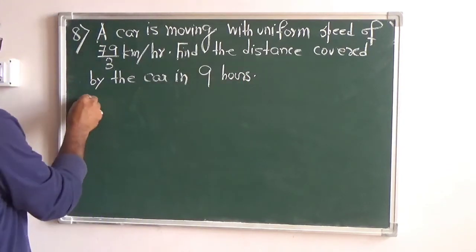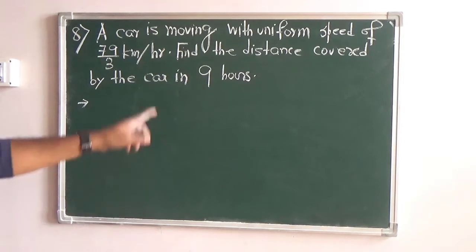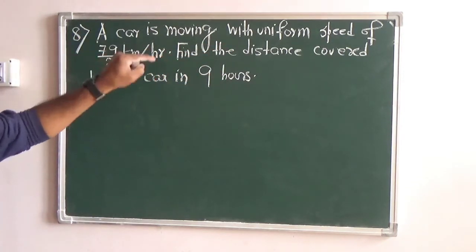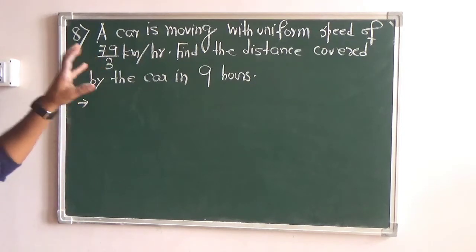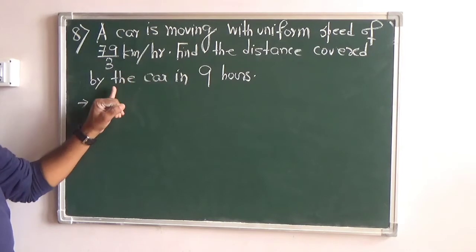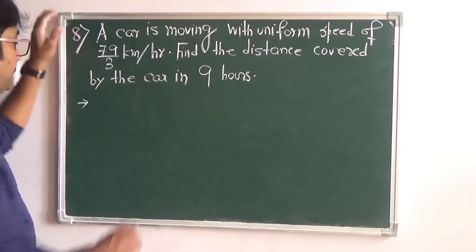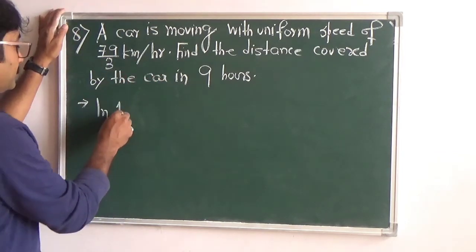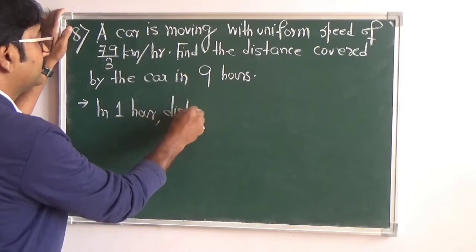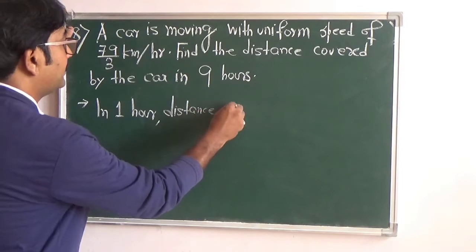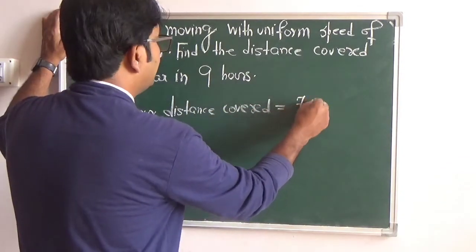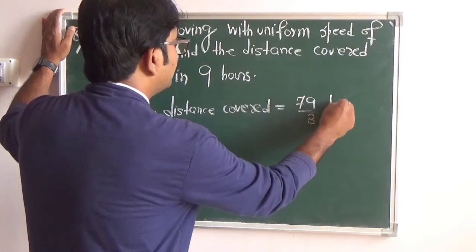So here we are given a car is moving with uniform speed of 79/3 kilometers per hour. That means the car covers 79/3 kilometers in 1 hour. So how much will it cover in 9 hours? So in 1 hour, distance covered is equal to 79/3 kilometers.